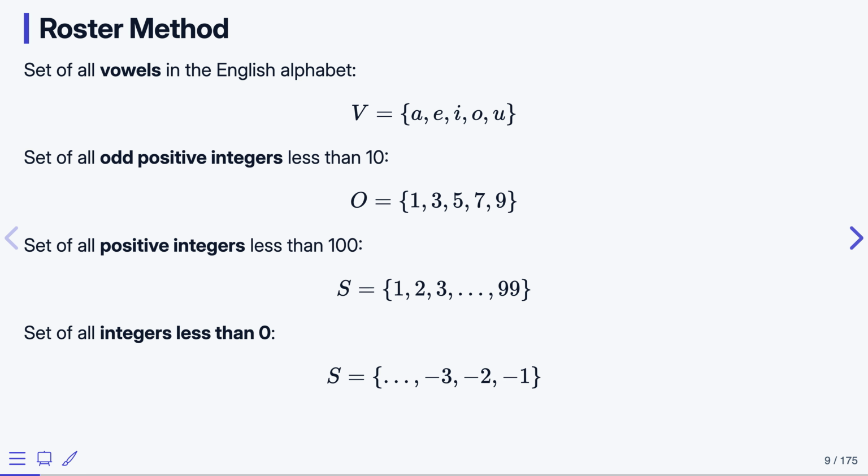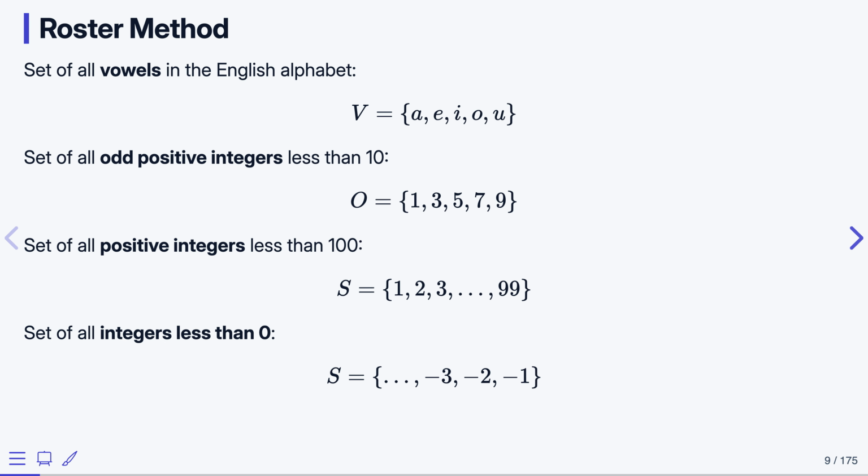Let us work through 4 examples of the roster method. First, the vowels of the English alphabet. V equals the set {a, e, i, o, u}. Second, the odd positive integers below 10. O equals {1, 3, 5, 7, 9}. Third, the positive integers below 100. That is too long to write out, so we list the start and use 3 dots.